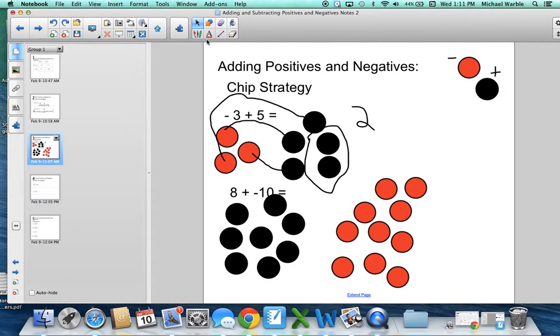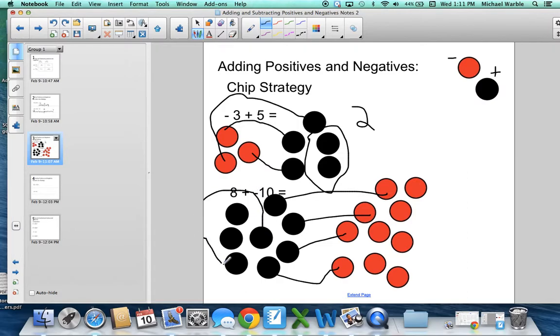Alright, and so I'm going to connect my black to my red to see if I have any leftover negatives or positives. And whatever leftover I have is the value on that side. I'm going to connect to this guy. This guy connects to that guy. Connects here.